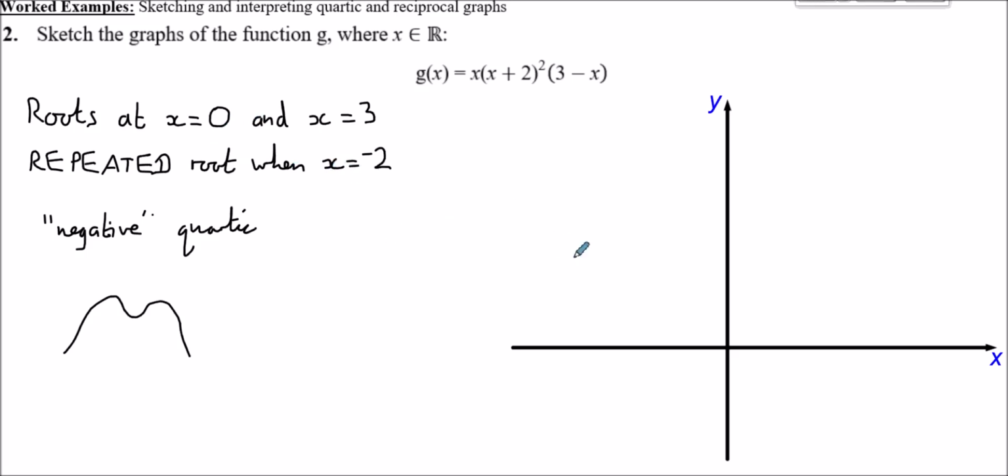So the graph's just going to bounce at the x-axis at -2. Okay, and it's then going to come down through the origin, then go back up again through the x-axis at 3. So here goes nothing. Bounce, down, up.